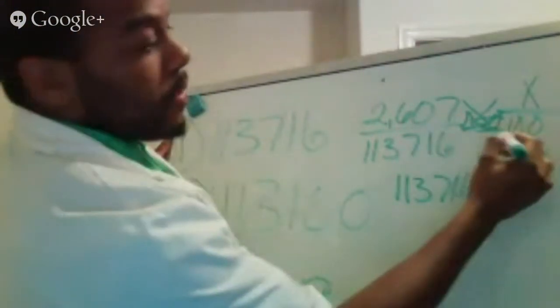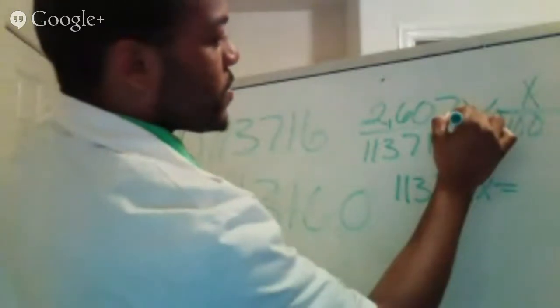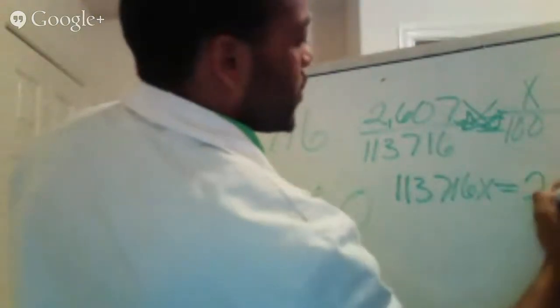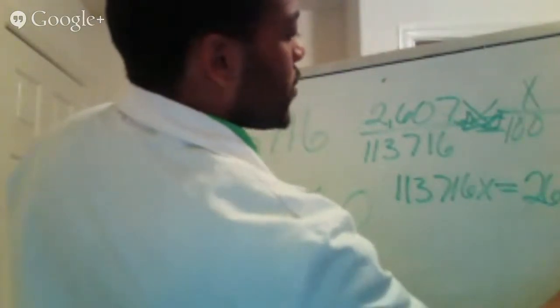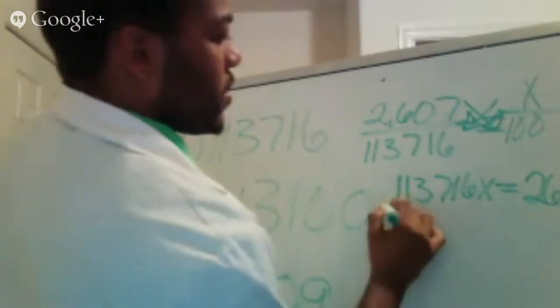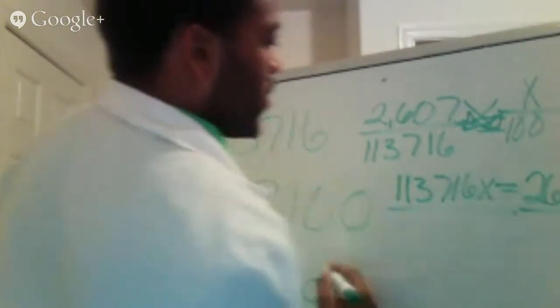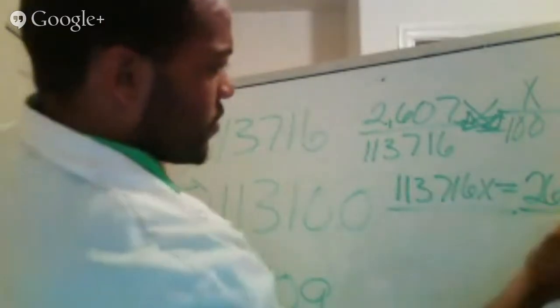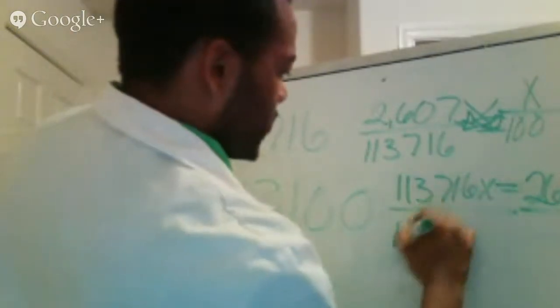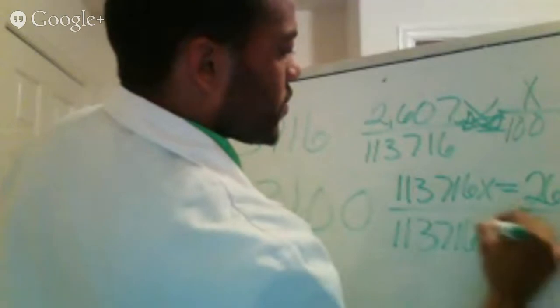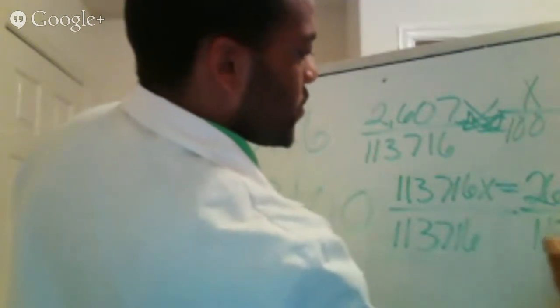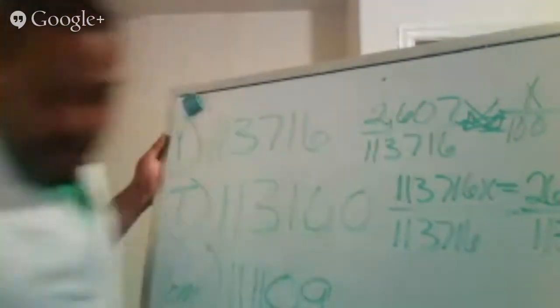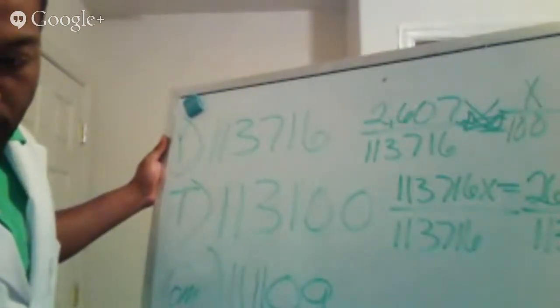Once again, we're multiplying by 100, so it's a bunch of zeros. So 1,000. And this one, which I want to leave as a surprise, just to work out.